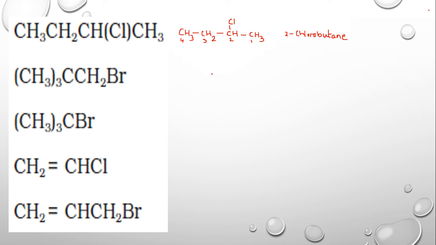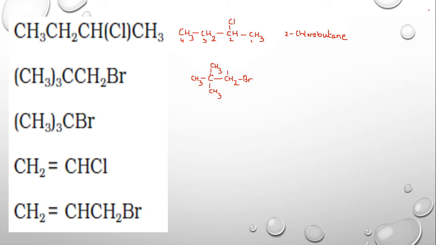Come to next example. Split the structure again. So you can look, you have CH3 thrice, which is attached to the carbon atom. So first write down the carbon atom, and you have 3 CH3s. So CH3, CH3, and the third CH3, which was attached to CH2 and Br. Okay, so give the numbering again.